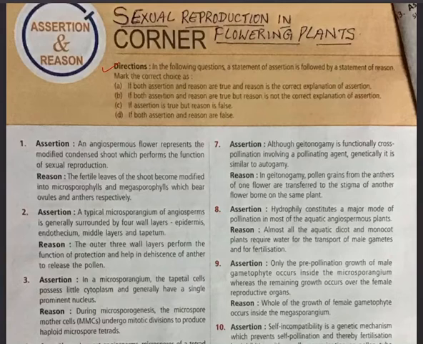Answer A if both assertion and reason are true and reason is the correct explanation of assertion. Answer B if both assertion and reason are true but reason is not the correct explanation of assertion. Answer C if assertion is true but reason is false. Answer D if both assertion and reason are false. So with that background in mind, let's move ahead.